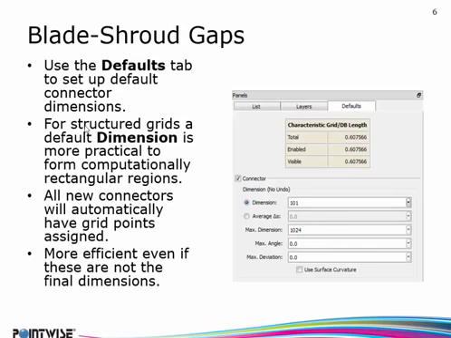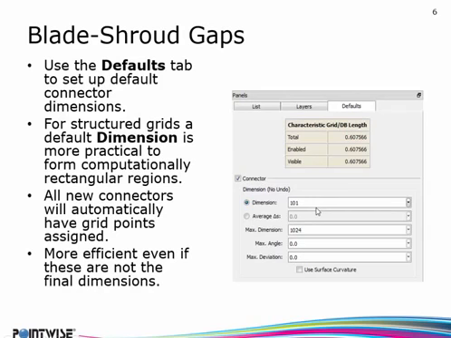So the first thing that I want to do before I begin my example is to go into the defaults tab in Pointwise and set up some default values. This tab in Pointwise is up all the time. Those of you that have been using Pointwise are familiar with it.